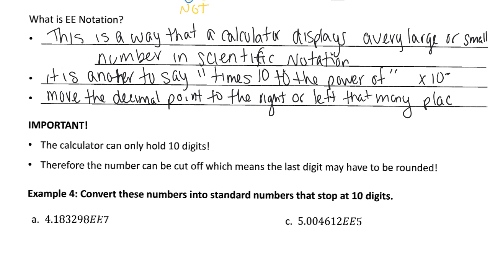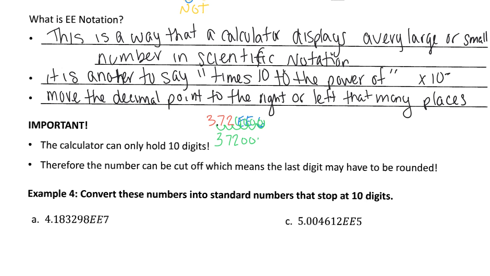Right, so thinking back to before, what this is going to look like is 3, 7, 2, and then it will be E, 6. So what that means is that it'll be 3.72 E6. So that means we're going to move that decimal place 6 places. So it would be 3, 7, 2, and then 3, 4, 5, 6.